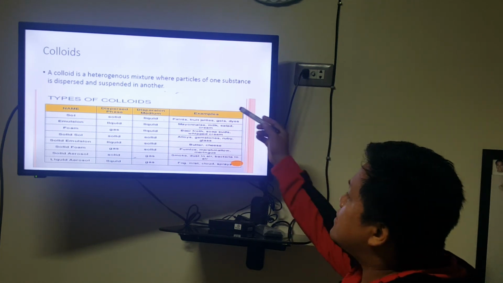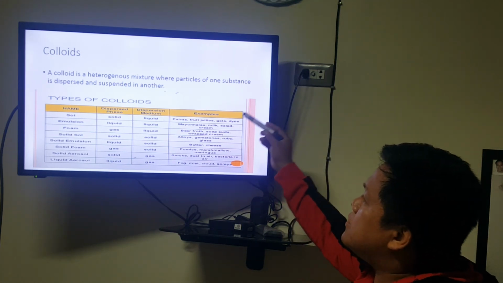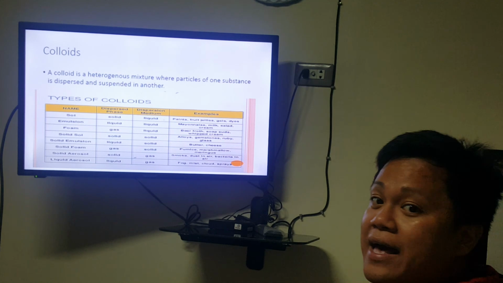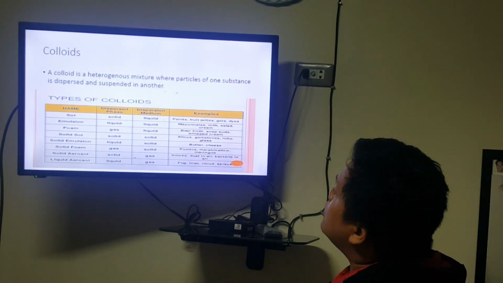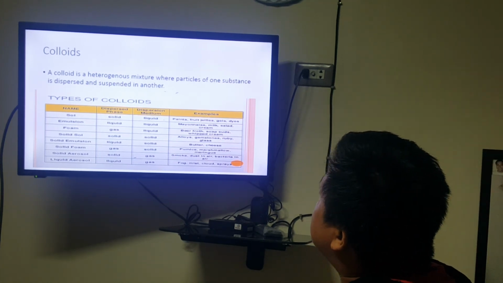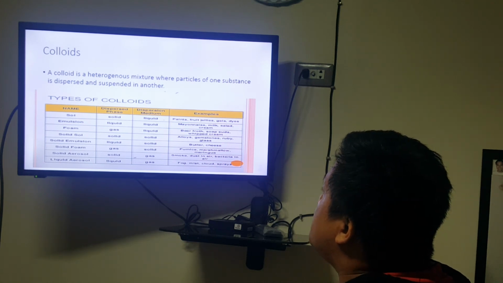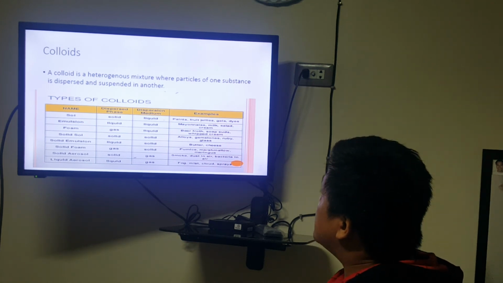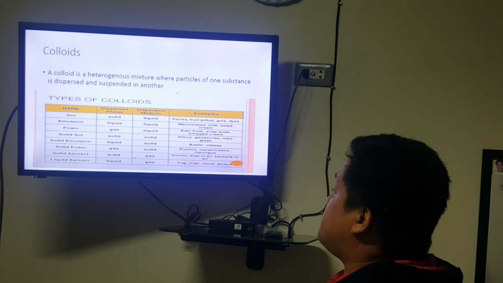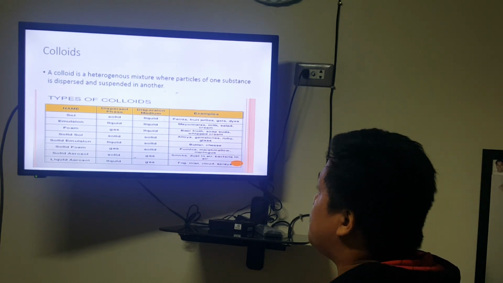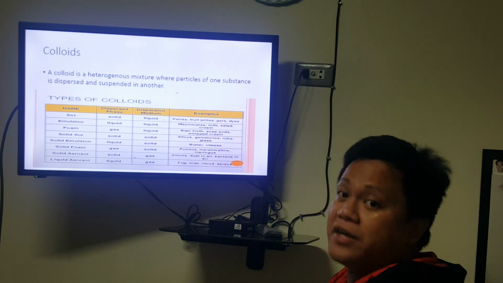Examples of sols are paints, fruit jellies, gels, and dyes. Emulsions include mayonnaise, milk, and salad cream. Foams include beer froth, soap suds, and whipped cream. These are the examples of colloids.